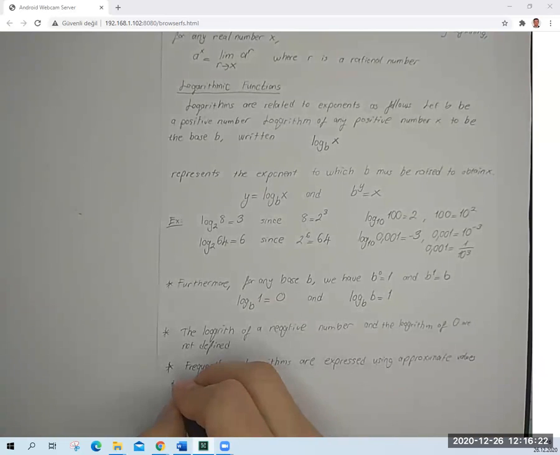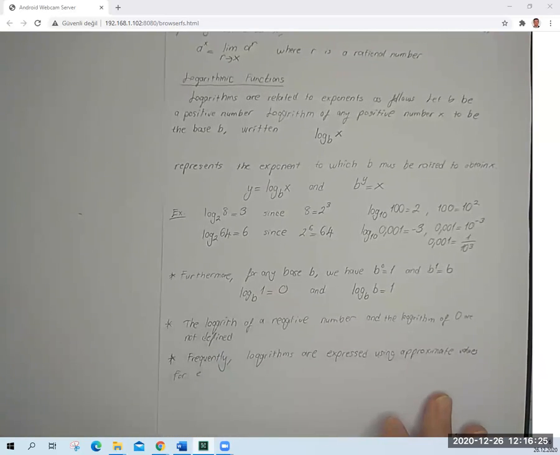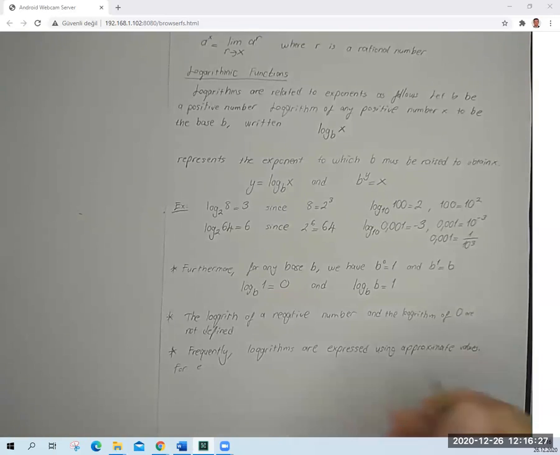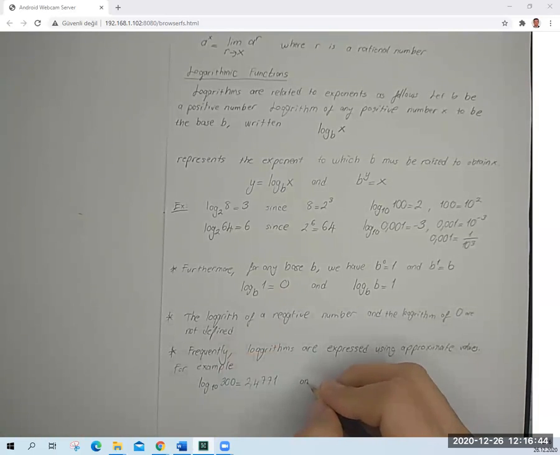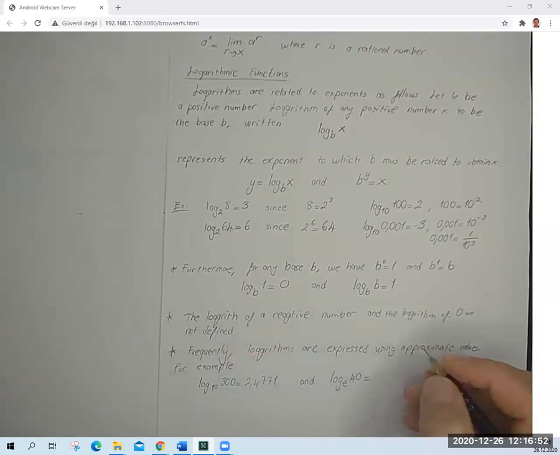For example, we can do approximation. For example, the logarithm base 10 of 300 is equal to 2.4771. And there is also the logarithm base e of 40 is equal to 3.6889.